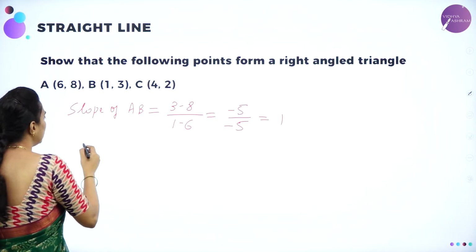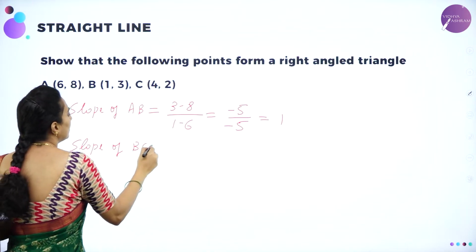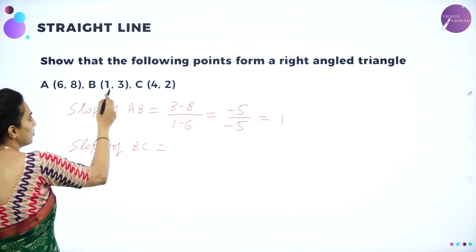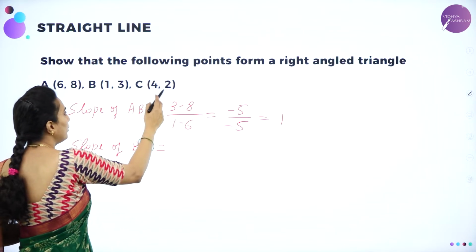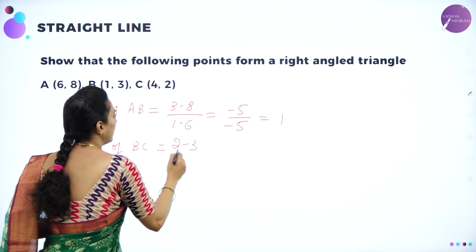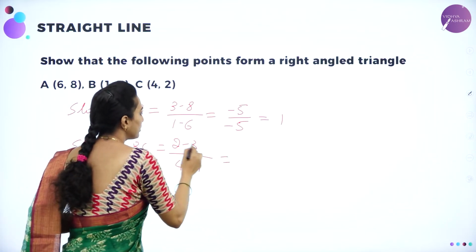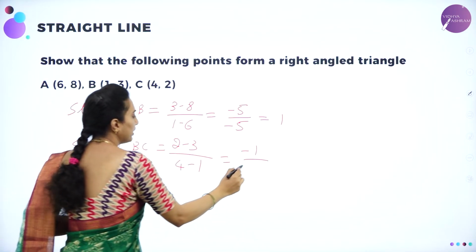Now let me find the slope of BC. Taking B as x1, y1 and C as x2, y2, y2 minus y1 is 2 minus 3 divided by x2 minus x1, 4 minus 1. So 2 minus 3 is -1 divided by 4 minus 1 is 3.